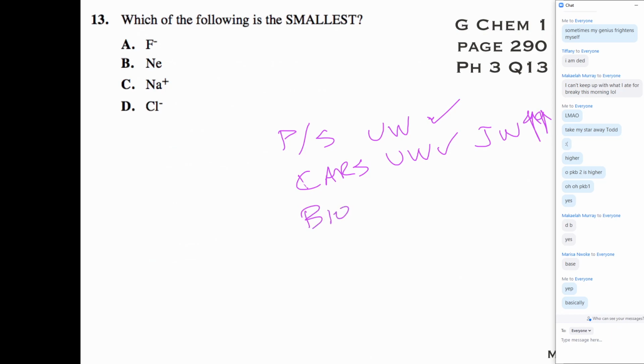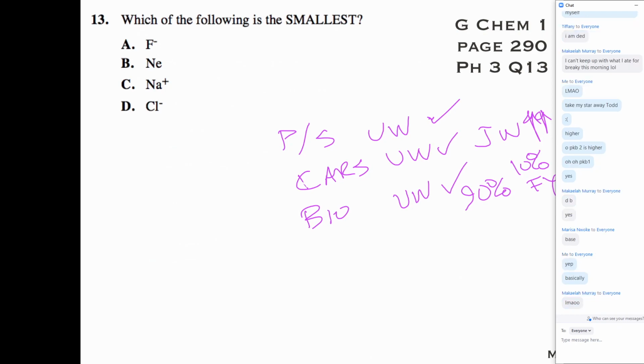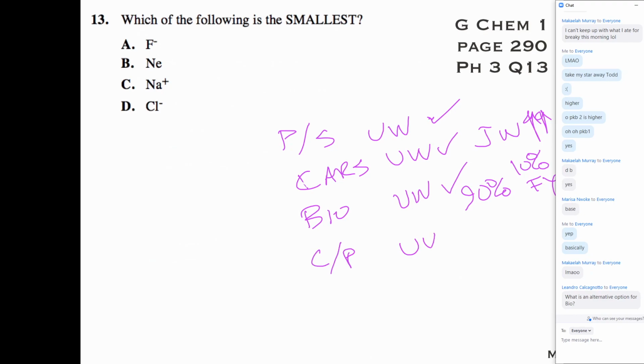For bio, UWorld gets a 90% thumbs up, a 10% thumbs down. There's about 10% of questions that are just so overkill and punishing. And then chem physics, UWorld is good, but there's better out there.